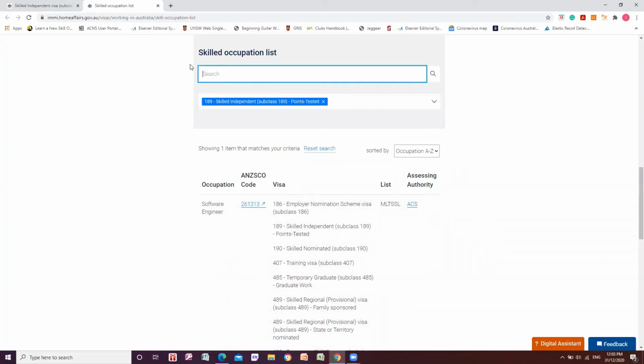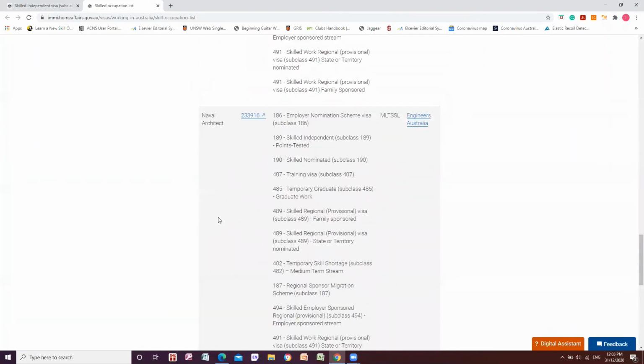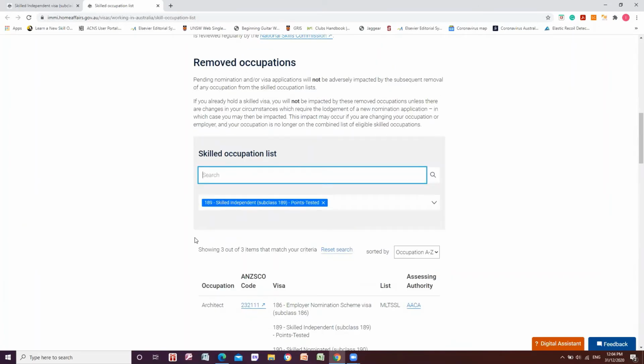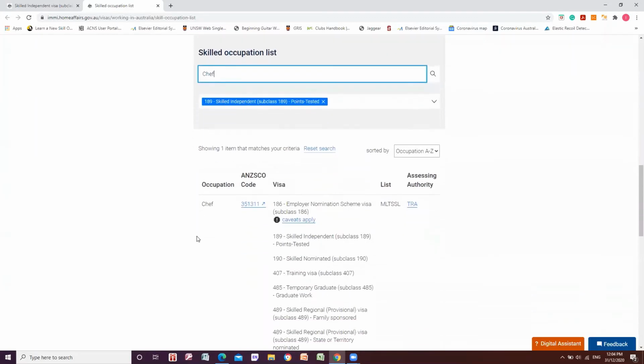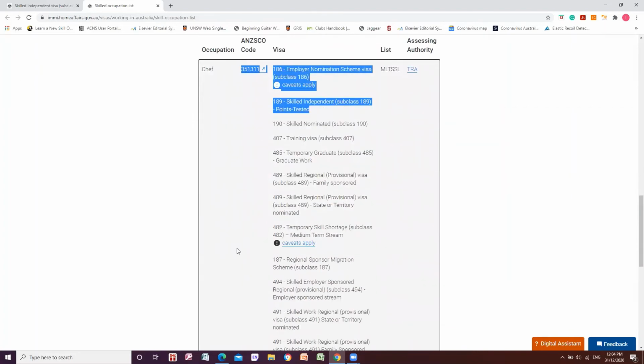And also we can have architect. Architects are also in the occupation list. And for those in the service industry, like my sister from HRM or hotel and restaurant management backgrounds, we can check for chef. Also chef can apply for a skilled independent visa.